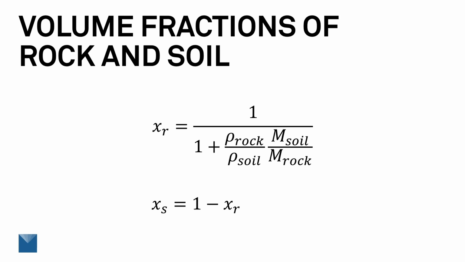And then the ratio M soil to M rock is the mass of soil divided by the mass of the rock in the sample. And so that's the mass ratio. The volume fractions of the soil and rock have to add to 1. So if we know the volume fraction of rock, we can calculate the volume fraction of soil.